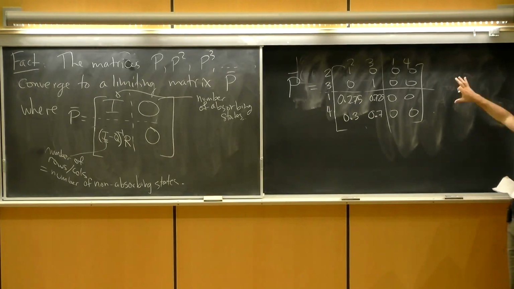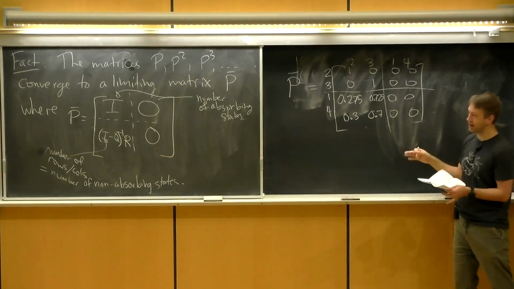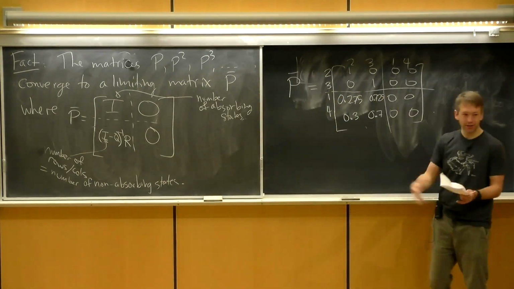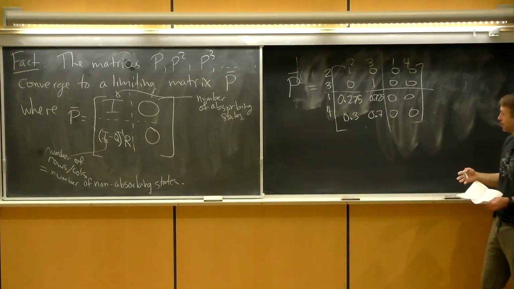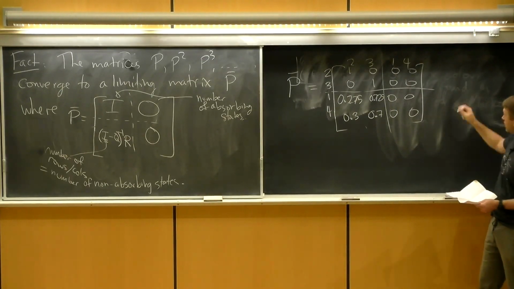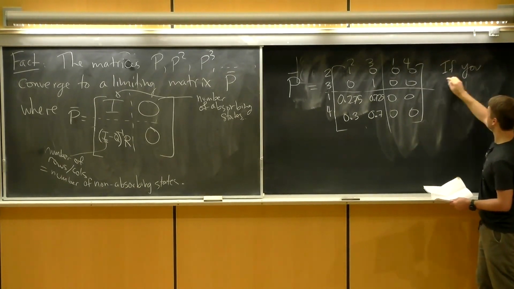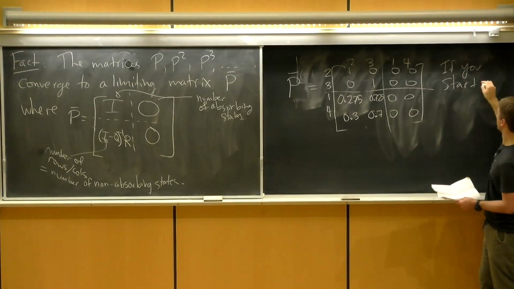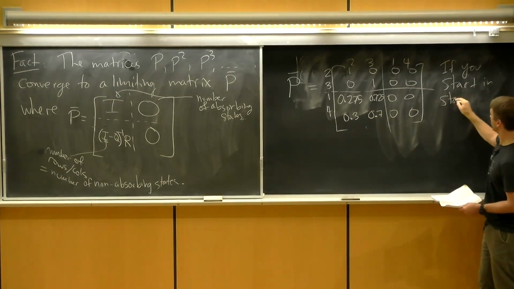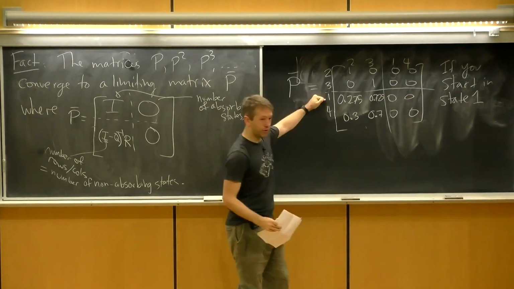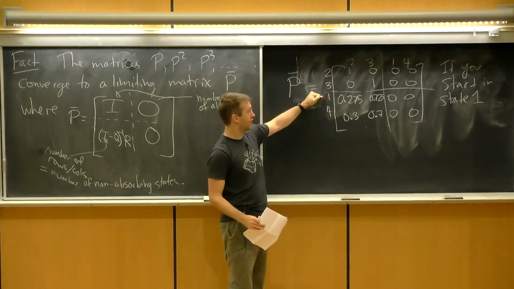And now this limiting matrix tells us all the information we need. It tells us what happens when we run this matrix to infinity. So if you start in state 1, remember state 1 is now the third row, right?